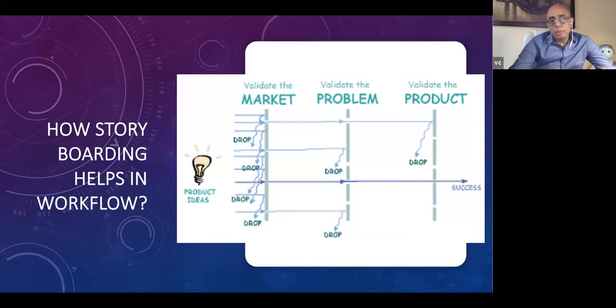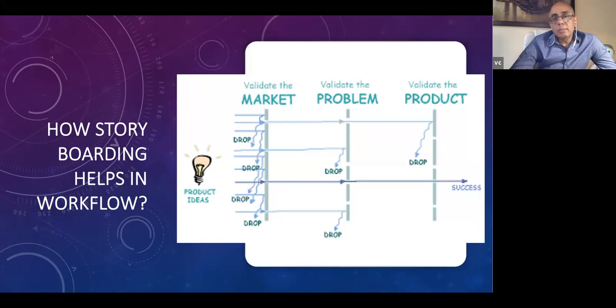So as I talked about earlier, how it helps in a workflow in a company. It helps to validate the market, as I talked about. So when you're going through the validation process on the left hand side, you find that certain things which you thought were great, nobody is a taker for. You need to drop, you need to iterate.